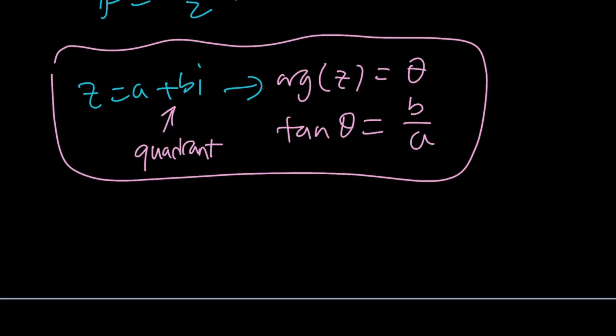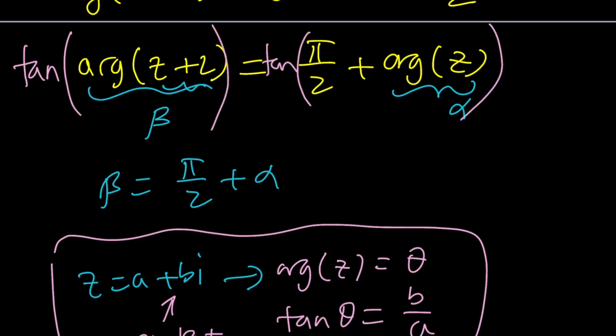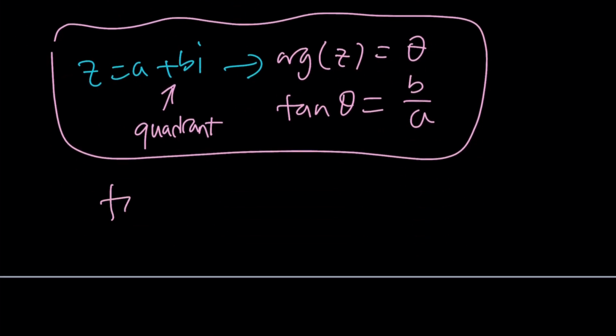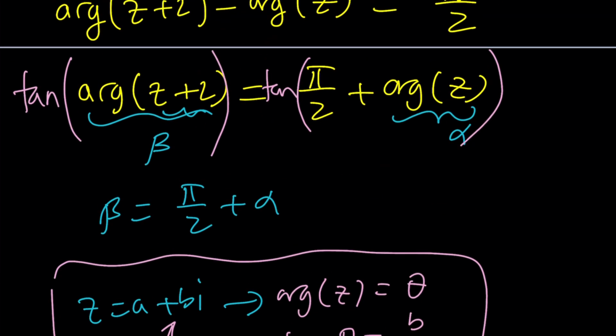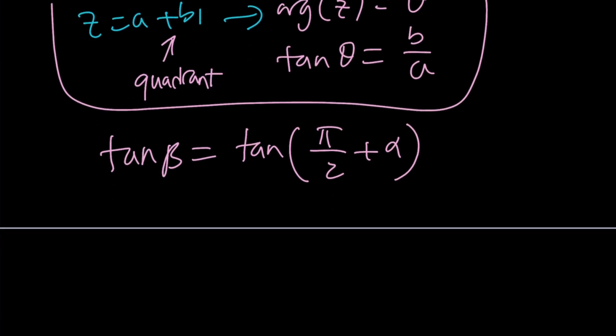Now how can I use this information? Well, since I have the arguments, I can basically take the tangent of both sides, and hopefully that'll give me something helpful. Let's see how that works. So from here, I'm going to get tangent beta equals tangent of pi over 2 plus alpha. What is alpha? I know it's argument of z. First of all, what is tangent of pi over 2 plus alpha?